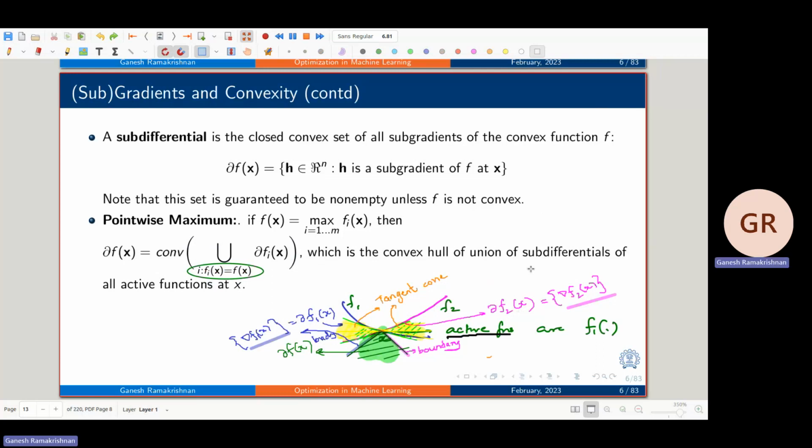So let's say like this. The function is decreasing, then becomes flat and then increasing again. Why? Because it's a max of some three functions. The first function is this one, the second is a flat function, the third is another convex function.